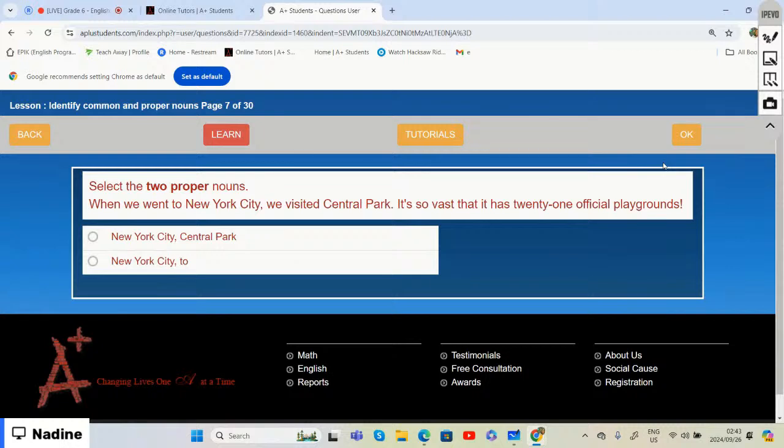It is so vast that it has 21 official playgrounds. So we need to select the two proper nouns. Is it option one, New York City and Central Park, or option two, New York City and playgrounds? Which one is correct?